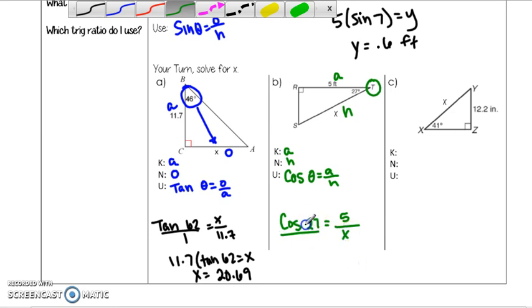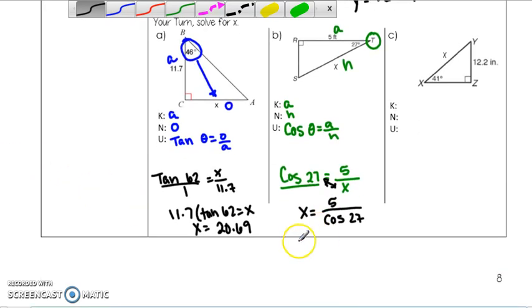So this time we're actually taking x times something. What you can do is just switch these. Because they are opposite each other, we can just switch them. So x is actually going to equal 5 over cosine 27, and we'll type that into our calculator.